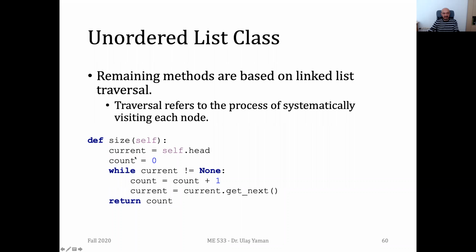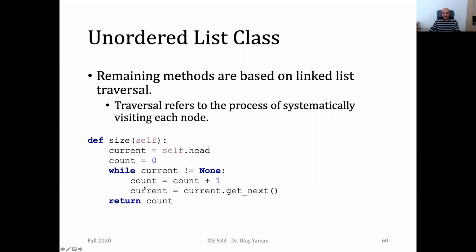But if the head value is not an empty one, then we increase the size of our data structure by 1, and then try to get the next item in our list. This is done with the help of the get next operation, and that will be the new current value.